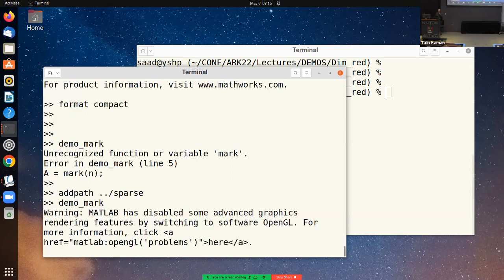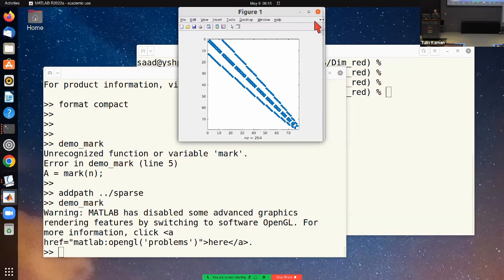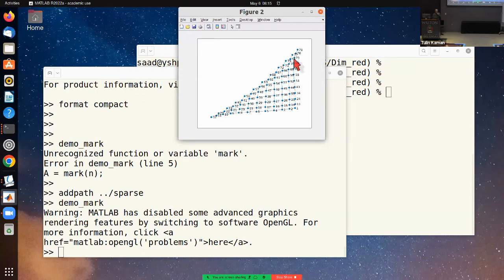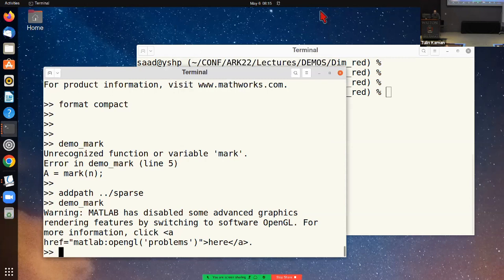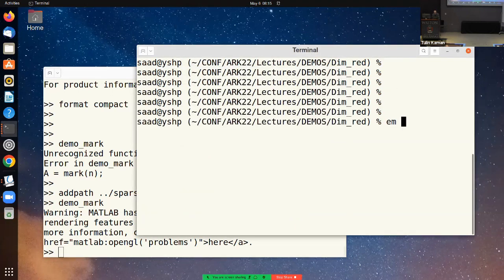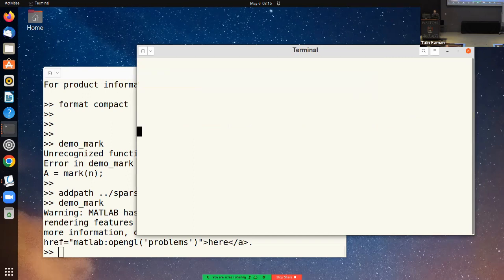Okay, so now you see here's the matrix and then the graph. This was, remember, a random walk on a triangular grid, and MATLAB did a wonderful job at figuring out that it was actually a triangle behind the scenes. So I have something which tries to do something similar with very simple tools that are available here.